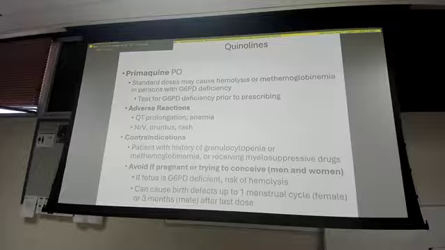Methemoglobinemia, as mentioned already, or you're receiving bone marrow suppression drugs, you do not get this. Notable, avoid if you're trying to become pregnant, or if you are pregnant. This is for men and women.